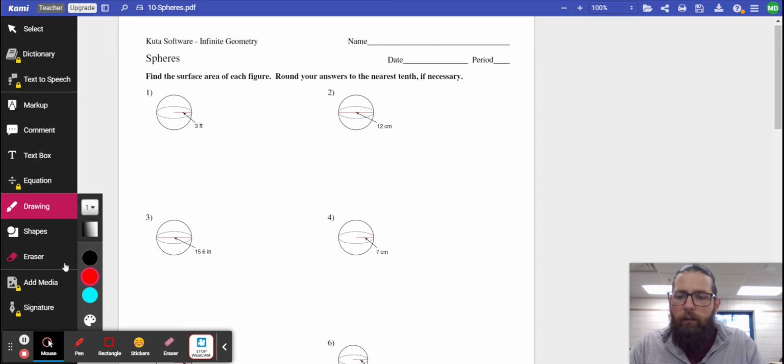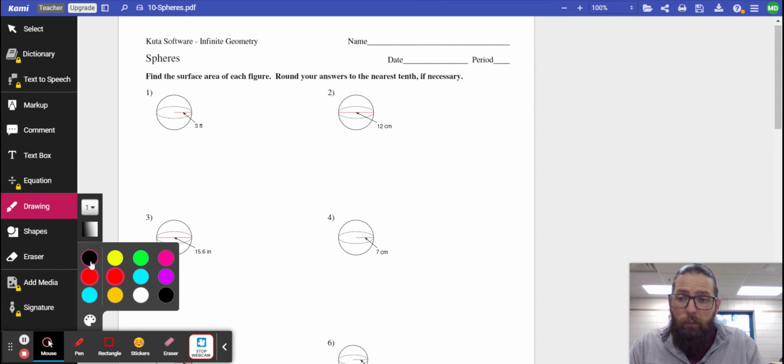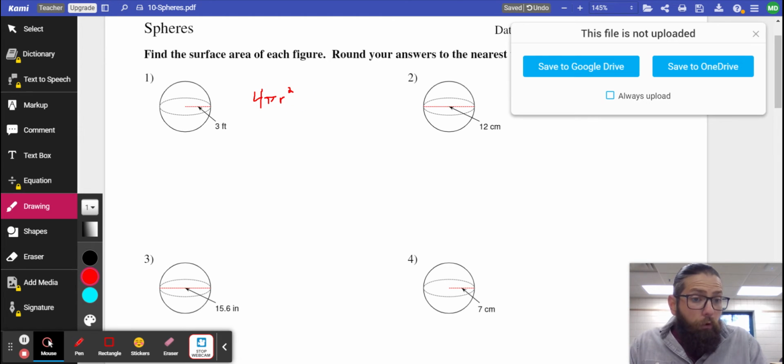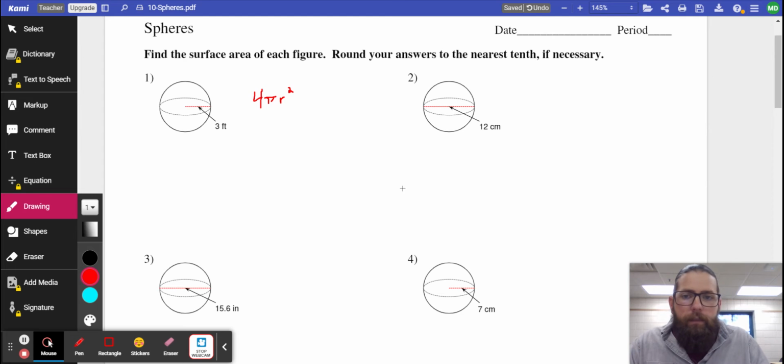In order to do that, you're going to have to know the formula for surface area of a sphere, and it's going to be 4 times pi times the radius squared. 4 pi r squared is the formula you will use whenever you're finding surface area of a sphere.